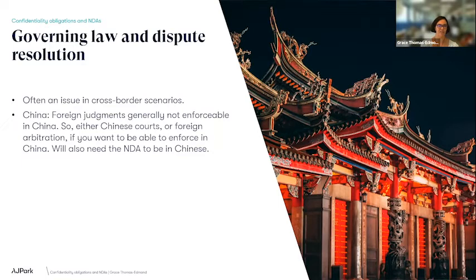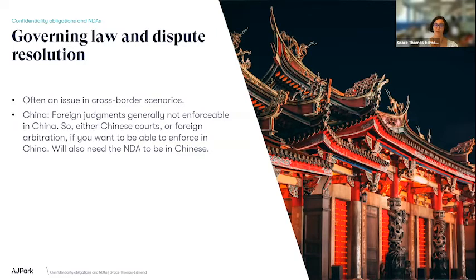China has its own special requirements because you can't enforce foreign judgments in China. So if you've got a New Zealand court judgment, my understanding is you're just not going to be able to get that enforced against a Chinese entity in China. So you either want to go with enforcement under Chinese law in China, or the probably more popular option, foreign arbitration, because it's much easier to enforce a foreign arbitral award than a foreign judgment.